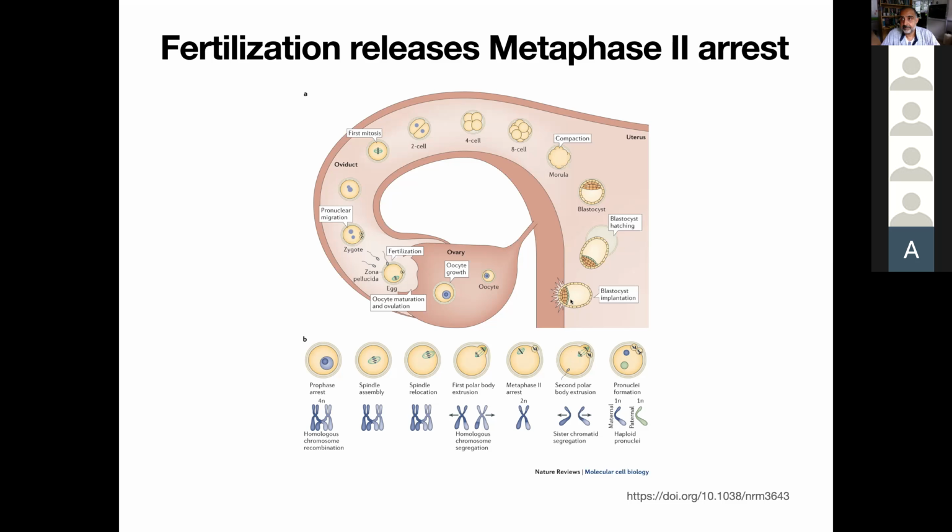Yogesh. Yep. I have a question related to polyspermy. There are two different types of polyspermy block, slow block and fast block. One is changing electrical potential near the outer membrane, and another is changing the shape.